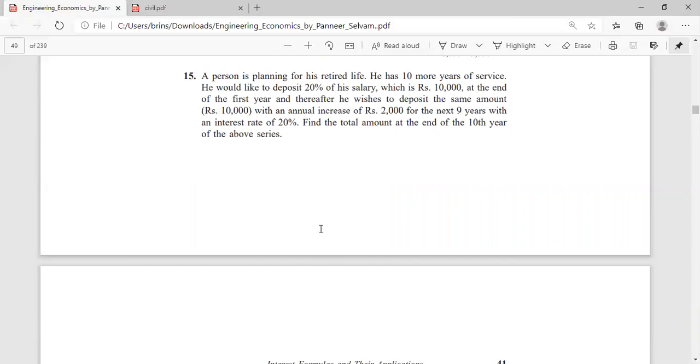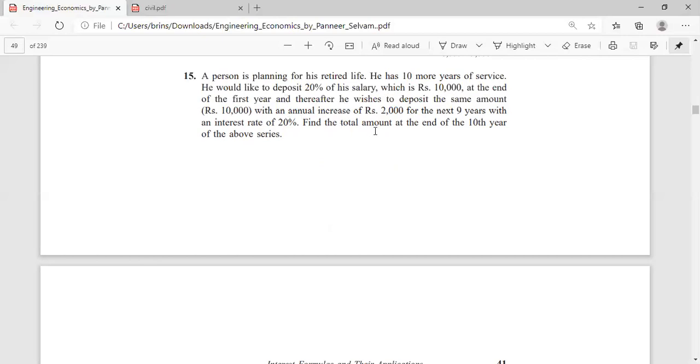Same way, if you check out here, a person is planning for his retired life. He has 10 more years of service. He would like to deposit 20% of his salary, which is rupees 10,000, at the end of the first year, and thereafter he wished to deposit the same amount, 10,000, with an annual increase of 2,000 for the next 9 years, with an interest rate of 20%.